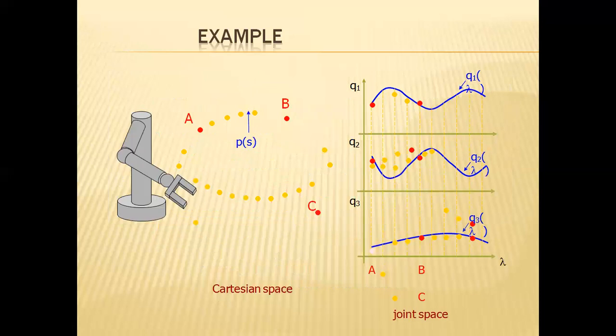So considering one example, with Cartesian points, namely point A, B, and C, traveling from point A to point B is P of S, and traveling from B to C with respect to it, and these are the joint spaces. In the joint spaces, it initiates the local splines in joint space.